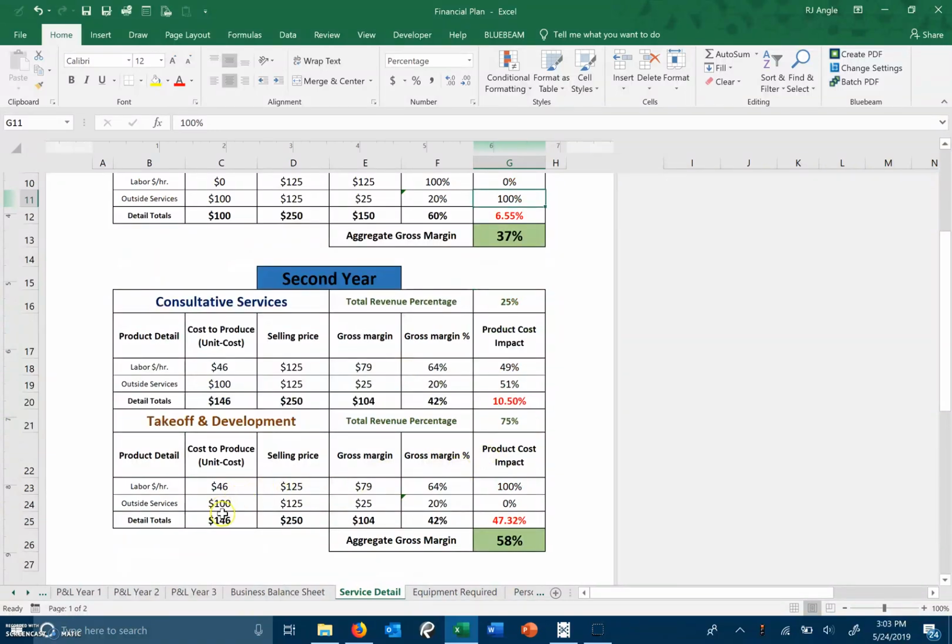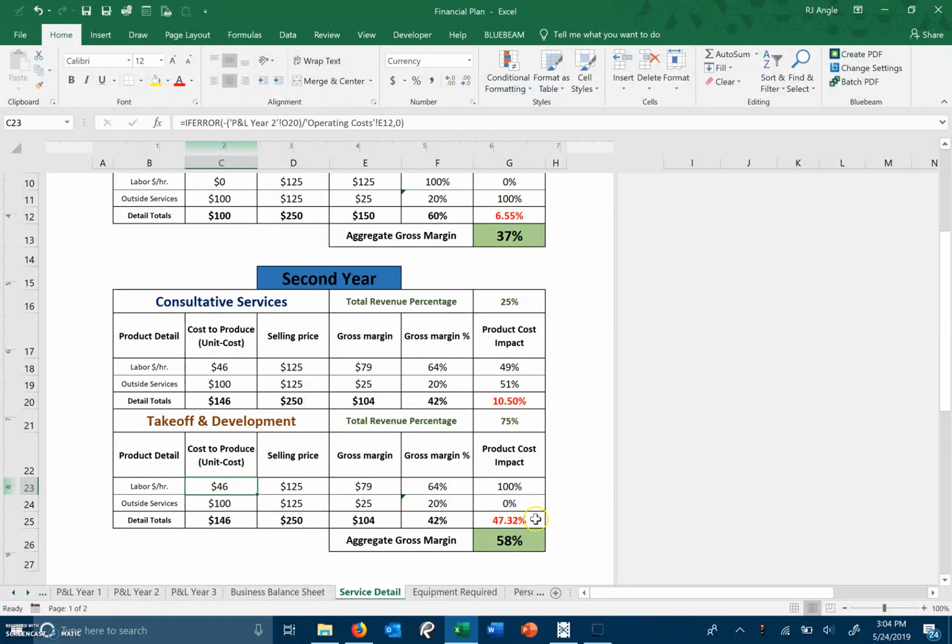I have now turned the tides, and 100% of my product cost impact is now going to be done in-house. So this 64% gross profit margin that I have for my resale price of this service is going to be retained in-house, right? But only 75% of my gross revenue generated is coming from this takeoff and development service here.